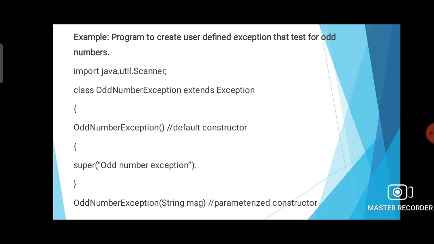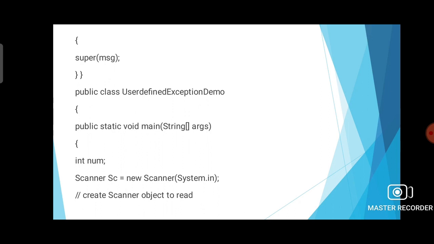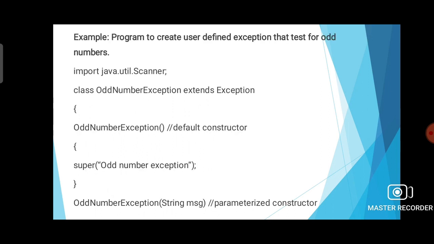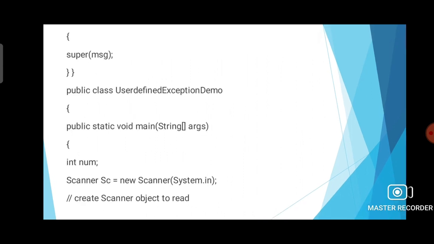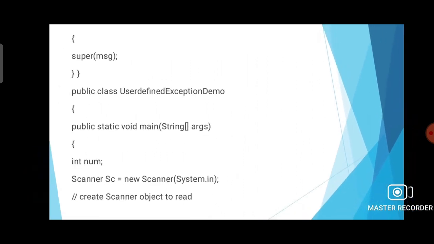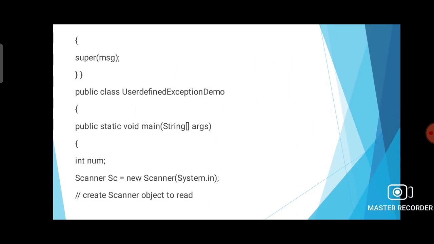Under the constructor we are calling the super method, and inside the super method we are providing the message OddNumberException. Then the parameterized constructor OddNumberException has a message parameter, and under the constructor we are calling the super method with the parameter message.